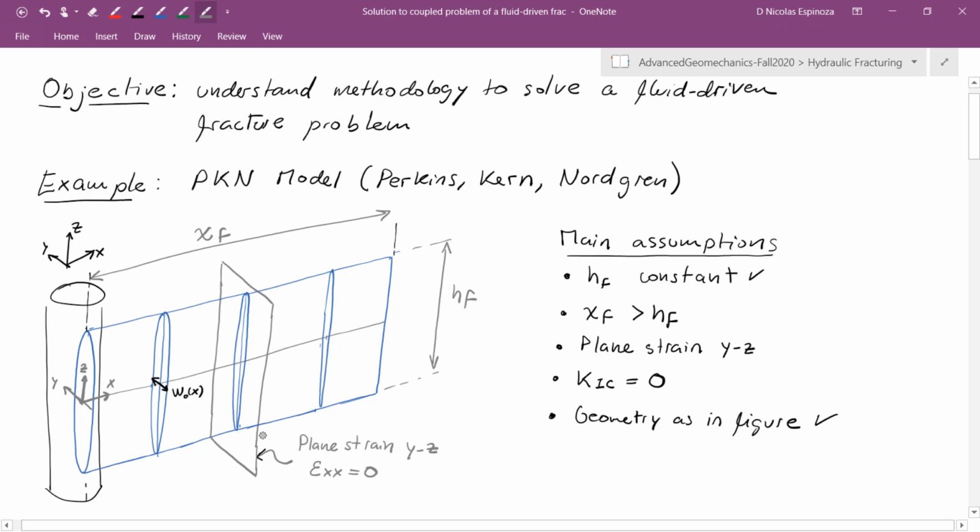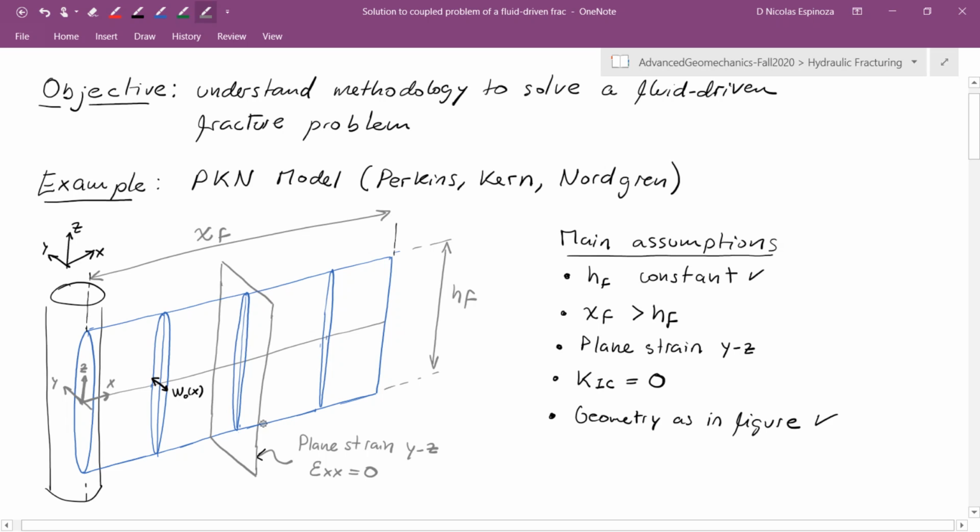There is a little thing to notice over here, and it is that when we are assuming this plane strain in each successive plane YZ along direction X, we're disregarding a shear stress going from one plane to the other. So that's not mechanically rigorously correct, but for this model it works more or less well.